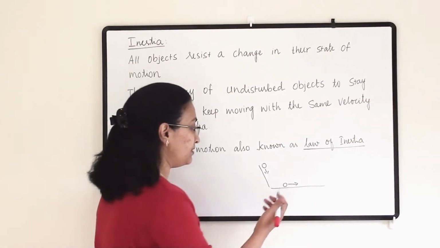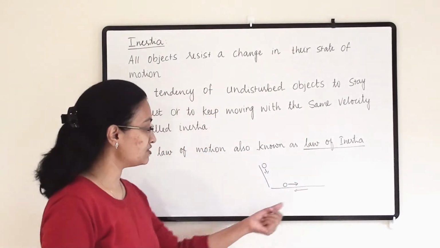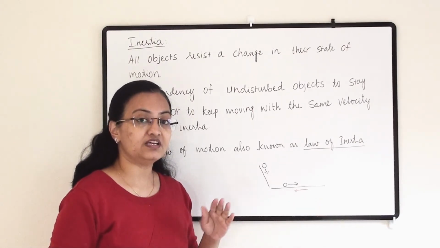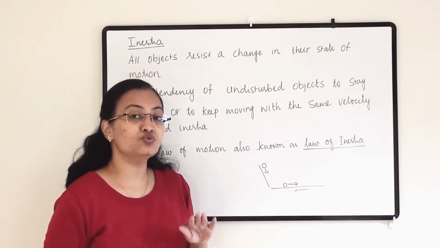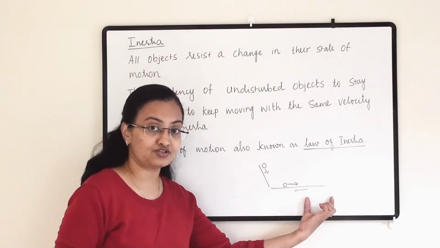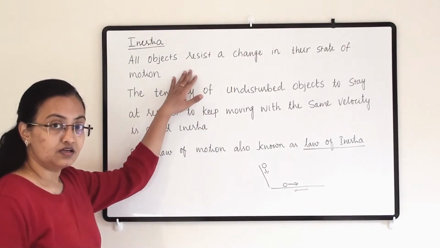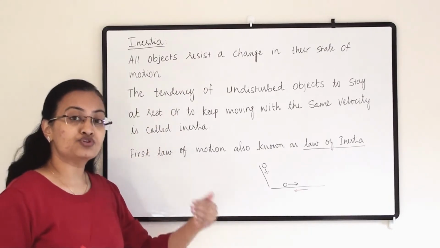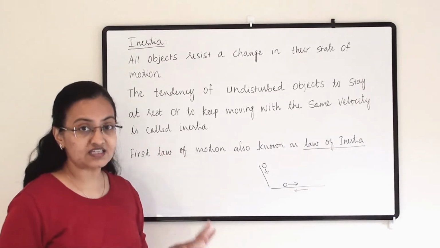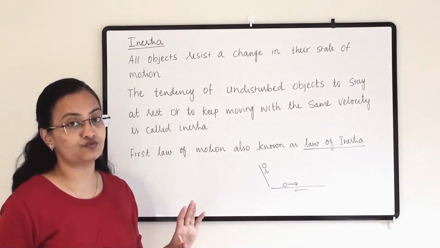Friction force is applied on this marble in the opposite direction, and because of the friction force it will stop after some time. But if there is no friction force and no unbalanced force acting upon them, then it will travel in this direction forever. So that is what we are discussing here, that if an object is in motion, then it will keep on moving, and if an object is at resting position, then it will lie there only until an unbalanced force acts upon it.